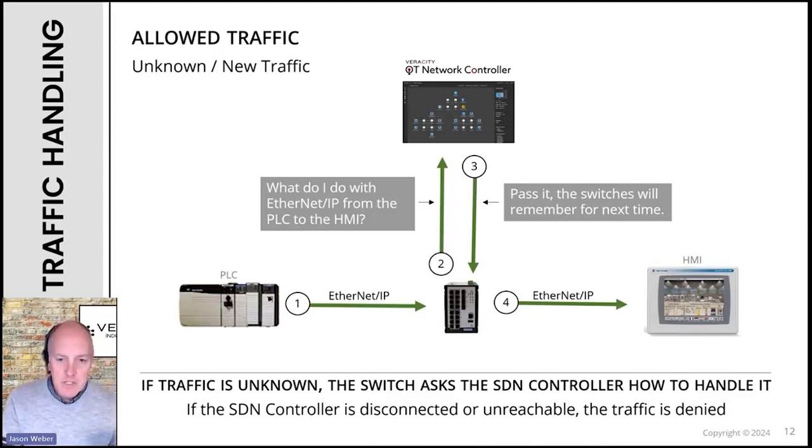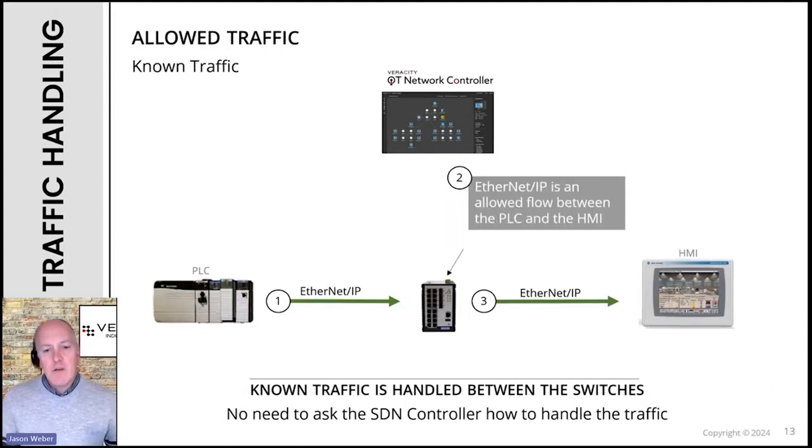Then, because this question comes up, do we ask for every single packet? No, we don't. The switch now remembers. So if you lose connection with that controller, the switch just doesn't need to ask the next time it sees the packet. And every time it sees the packet from then until a rule changes, the switch just says, okay, I will pass that. That allows for the Ethernet-level speeds that we're used to, because we don't request it every single time.